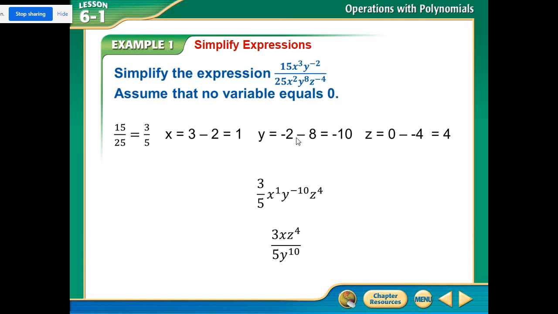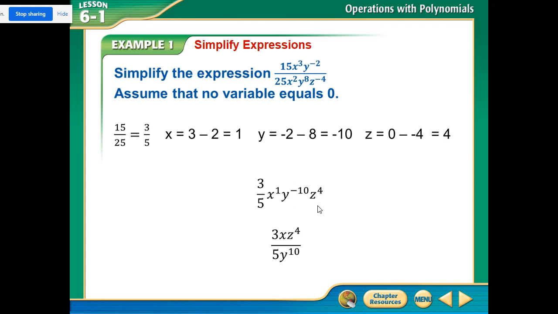The y's get negative 2 minus 8, which is negative 10. And notice what happens with the z. There's no z's on top, so that's why I put a 0 here. So I have 0 minus a negative 4. Well, 0 minus a negative 4 is positive 4. So I'm going to rewrite this. I have my 3/5 here, x to the 1st, y to the negative 10th, and z to the 4th.